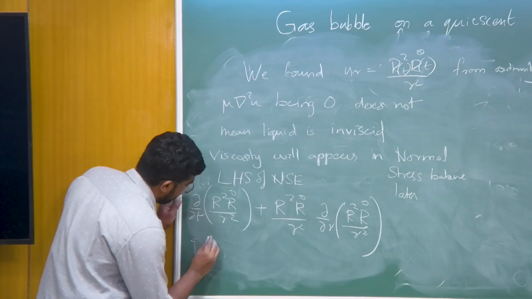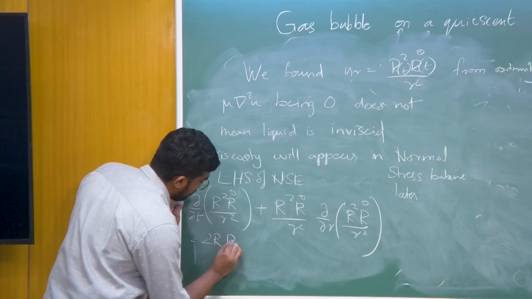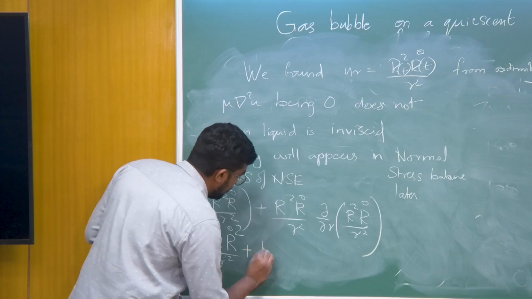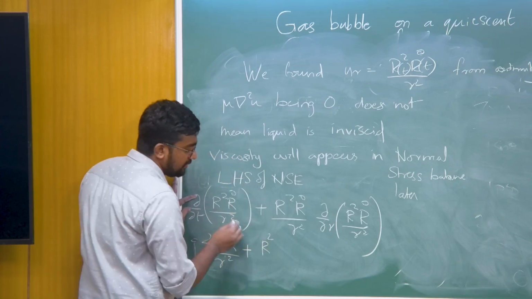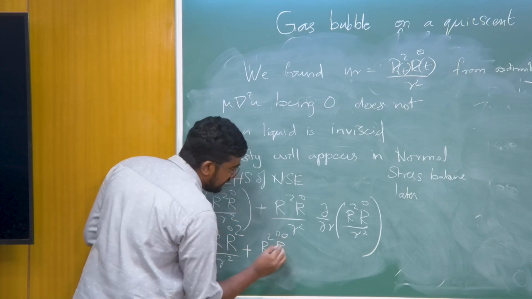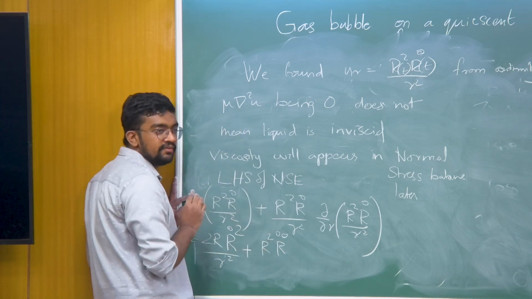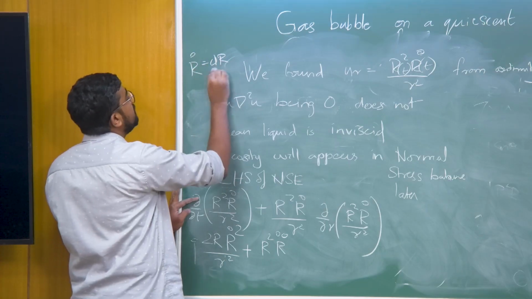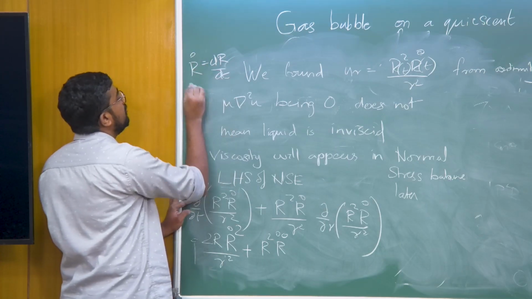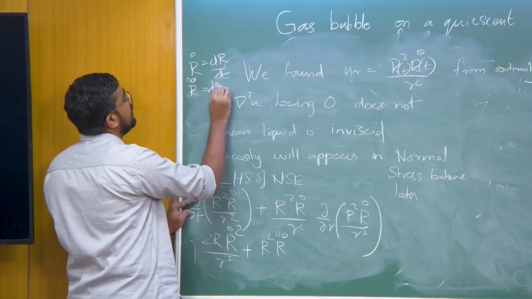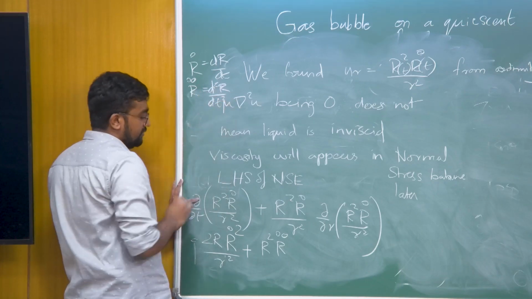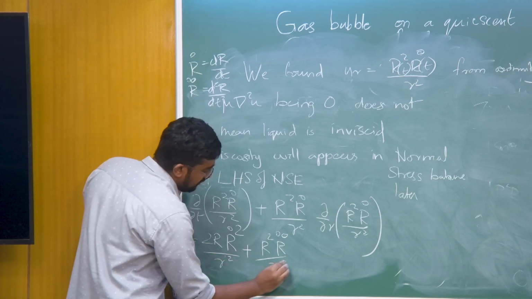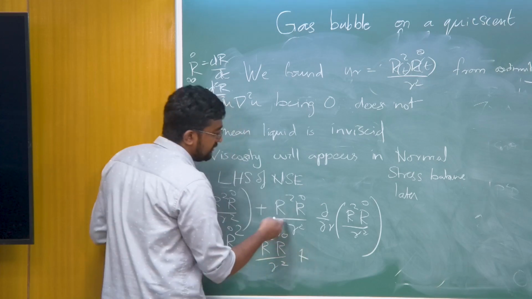This also will simplify into a good expression. R dot square by small r square plus R square R double dot, where R double dot is just d square R by dt square and R dot is dR by dt. Just for ease of writing, I am writing R double dot by small r square plus.